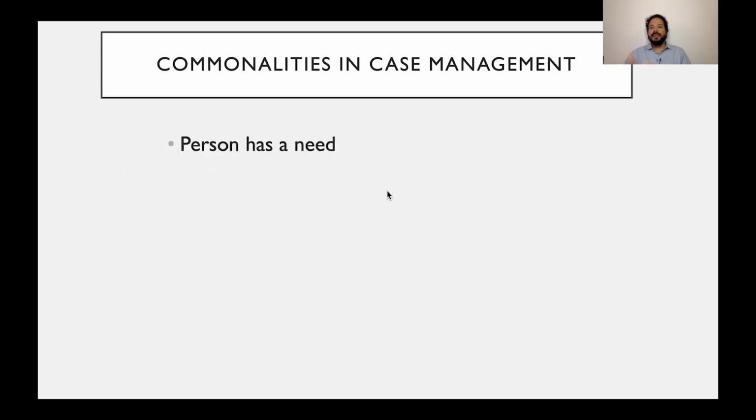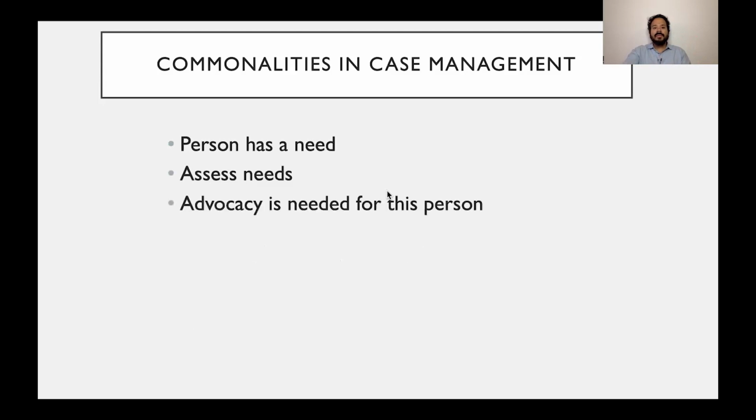So some of the commonalities we continue to see are that in all those situations I just mentioned, there's a person that has a need, along with in learning support or special education. We have to assess their needs. We have to advocate for the person with needs. And we have to coordinate services.